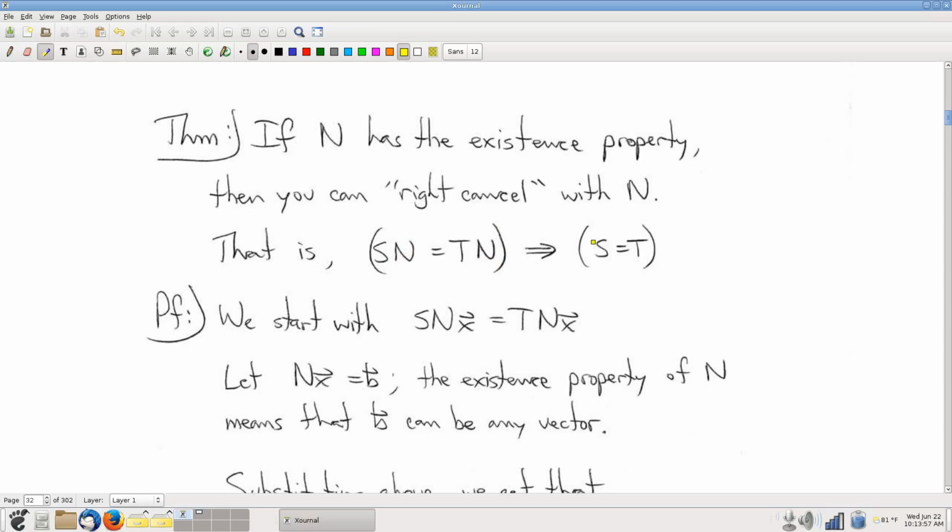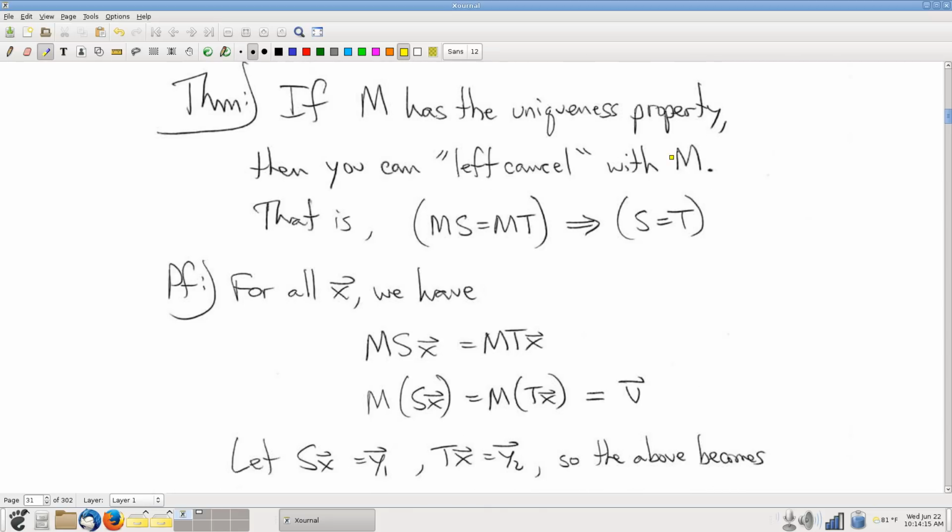Importantly then also you have to remember what are the terms, what are the conditions under which you can. And it's a little tricky because, you know, again, it depends on whether it's on the left or the right. So if you want to right cancel, you need the existence property. And if you want to left cancel, you need the uniqueness property.